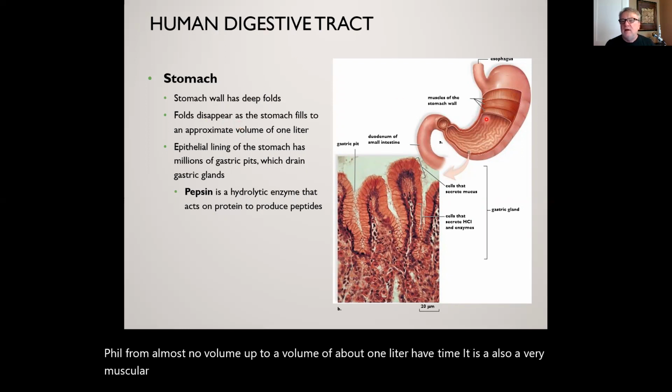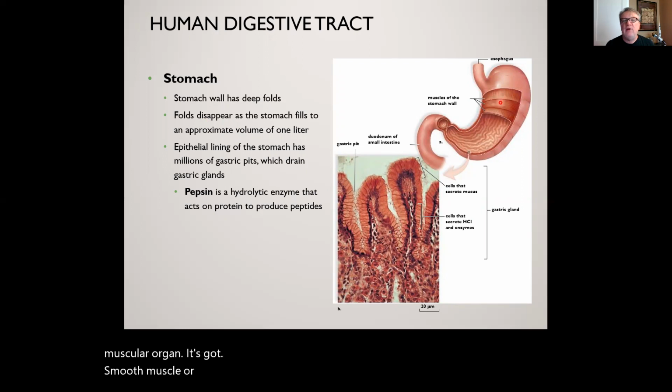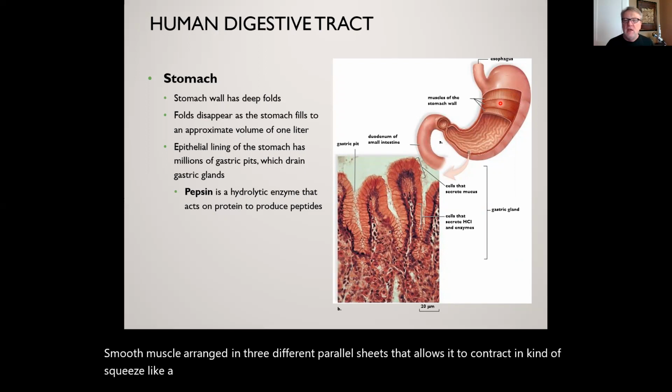It's got smooth muscle arranged in 3 different parallel sheets that allows it to contract and kind of squeeze like a churning washing machine. So that allows the stomach to actually perform mechanical digestion by spinning food around.